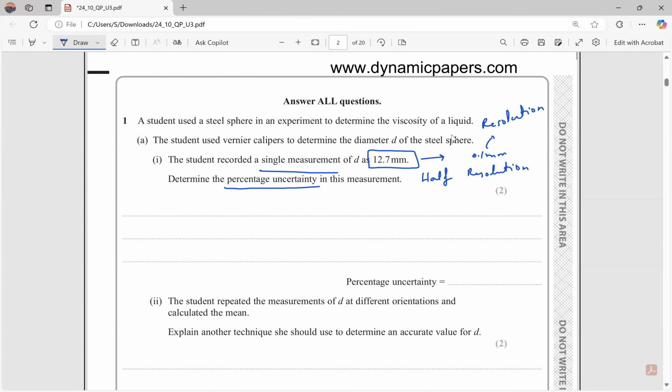So we will use half the resolution. So that would be 0.05 millimeters.